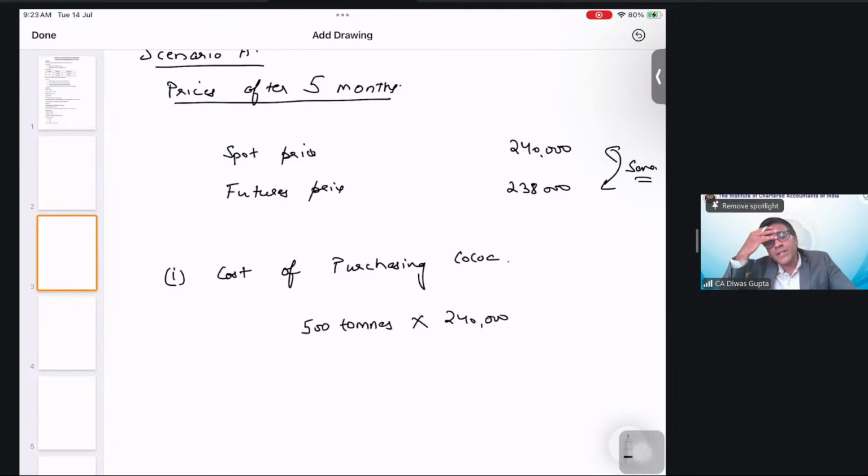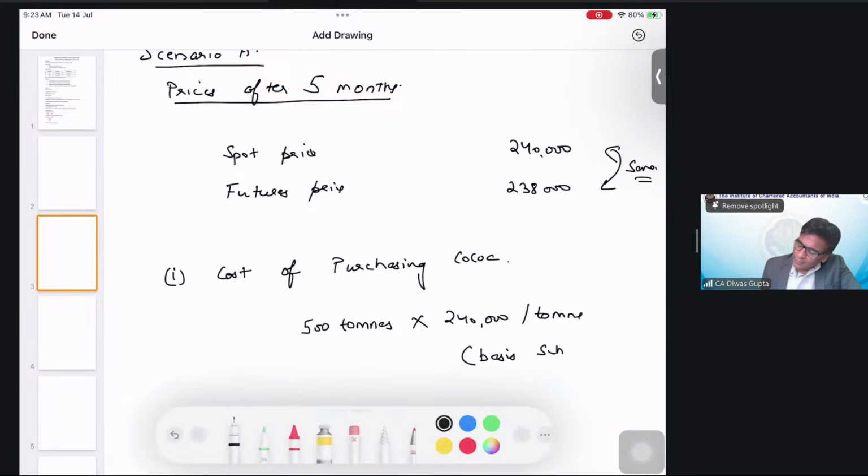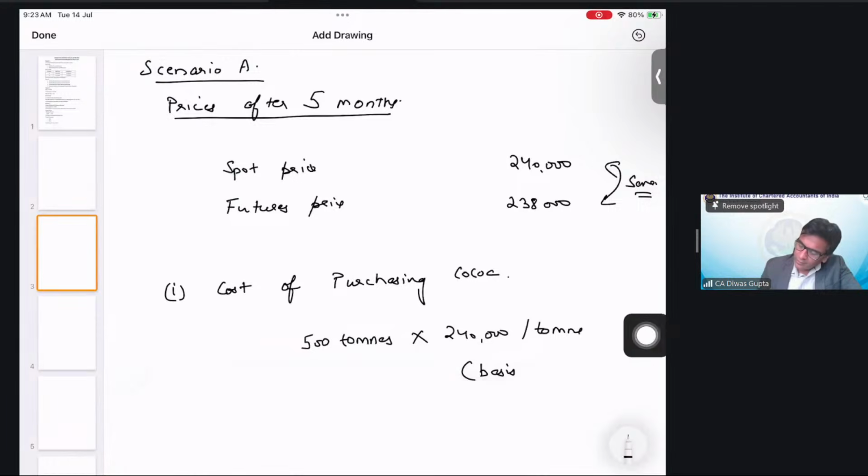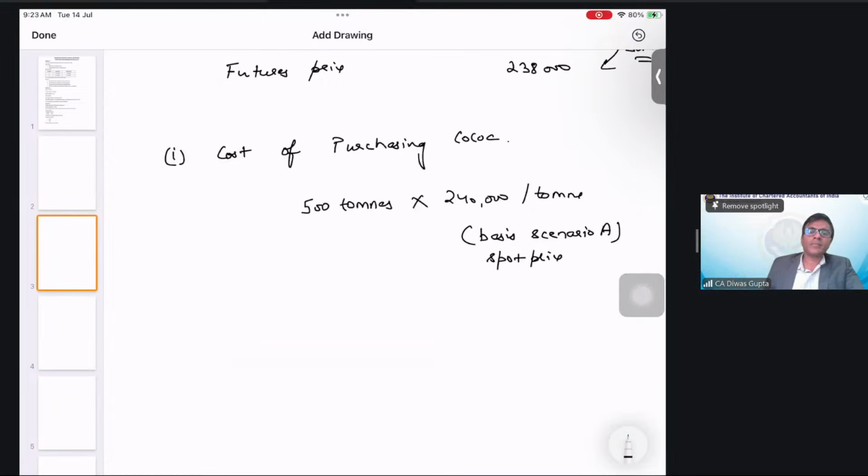So 500 tons into 2,40,000 per ton. So this is basis scenario A, spot price. Okay. So if we multiply this, we arrive at 12 crores.